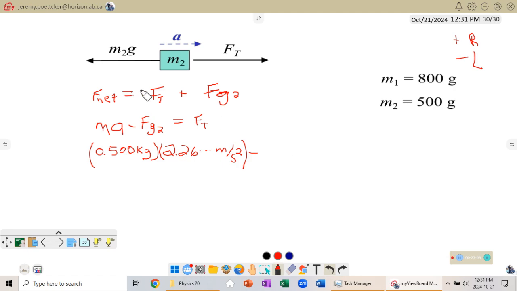And minus m2g. So again, our acceleration for gravity in this case is in the left-hand direction, or it's resisting the motion of the thing. So it's going to be 0.5. And this will be a negative number.